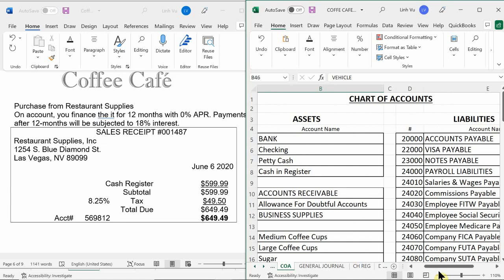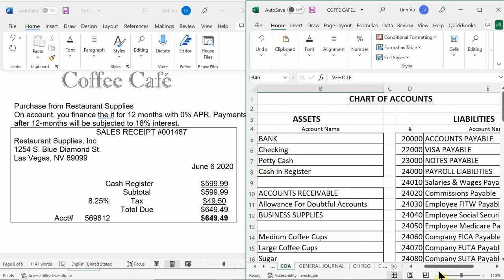So by looking at my chart of accounts, what account do you think this would fall under? Is it accounts payable? Not accounts payable.